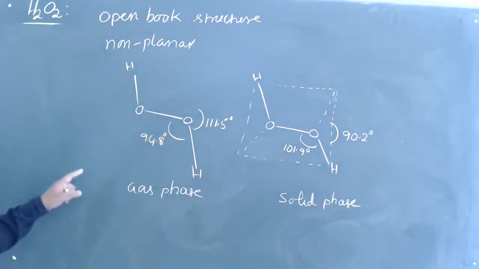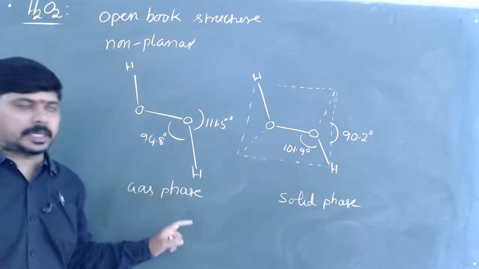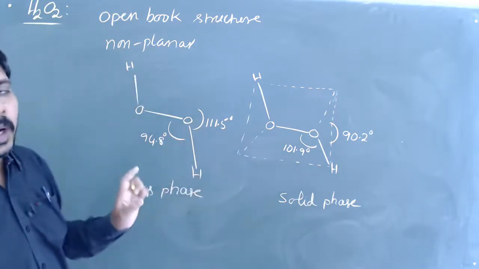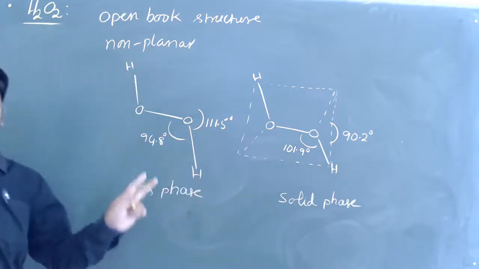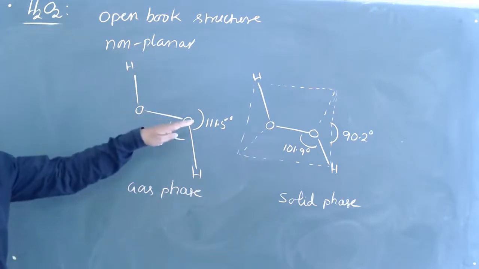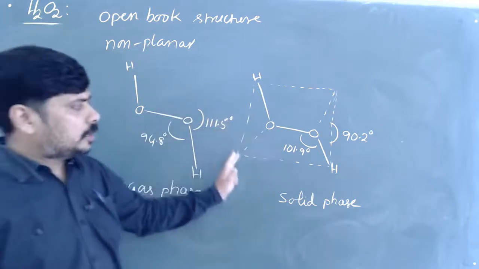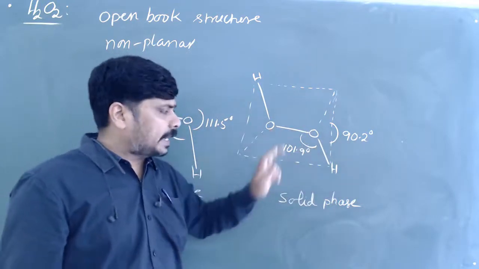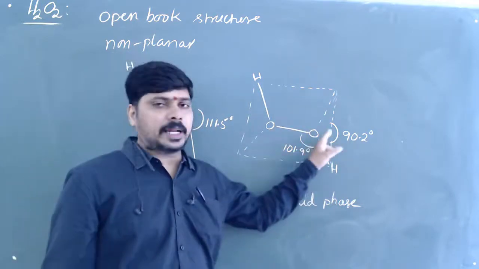They are going to ask us whenever we get a question on hydrogen peroxide. This is one of the important questions. What will be the bond angle between the two hydrogens present on hydrogen peroxide in the solid state? It is 90.2 degree. What will be the HOO bond angle? It is 101.9 degree.